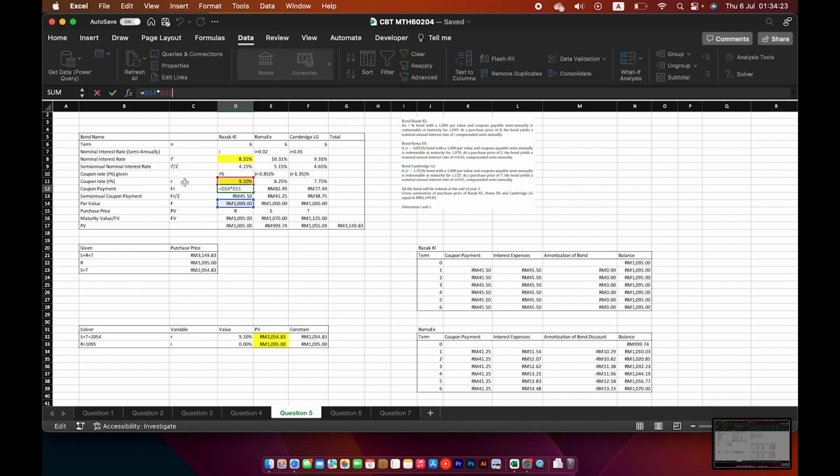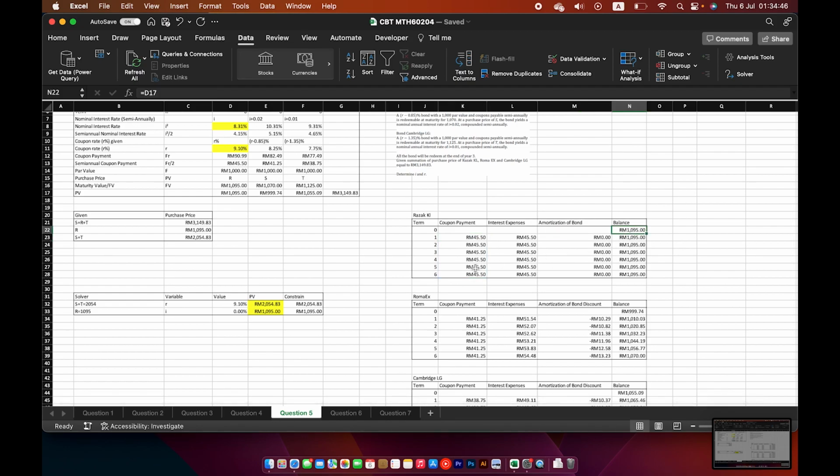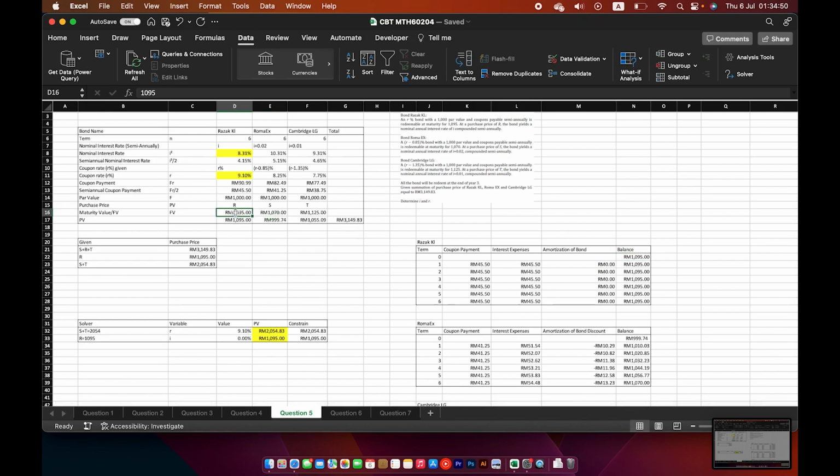F is the par value and R is the coupon rate, and we get a coupon payment per year of 90.99, roughly 91, and because it's a semi-annual payment, we pay it every half year, that is 45.5. Our payment is 45.5. And for Razak KL, our PV and FV are the same, so it's a zero coupon payment.